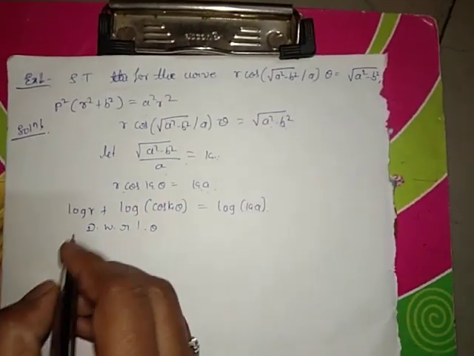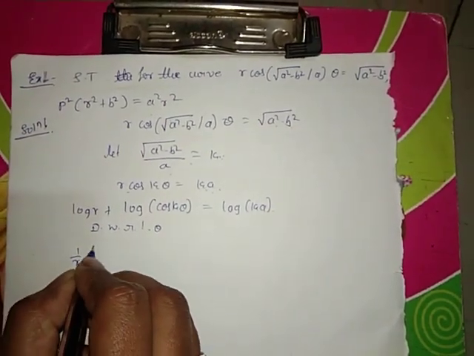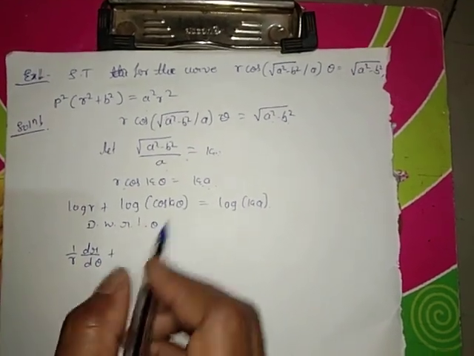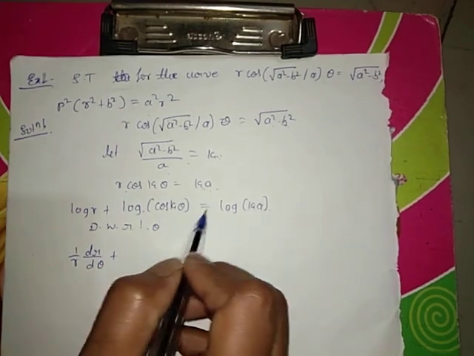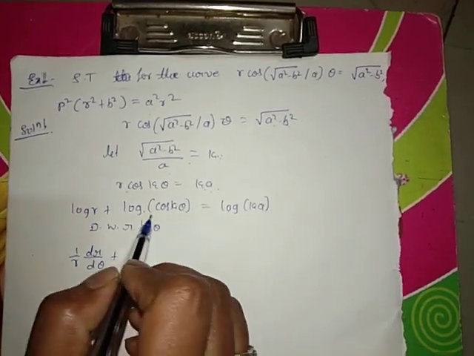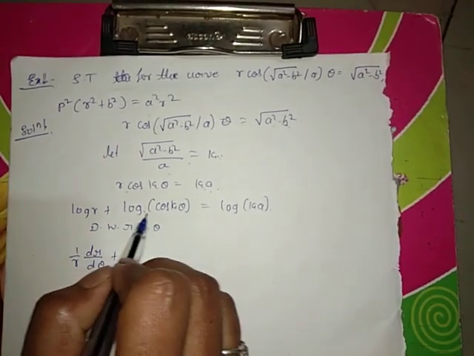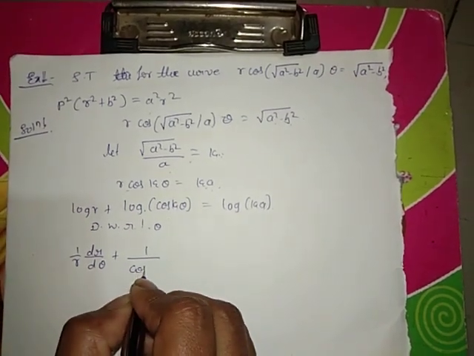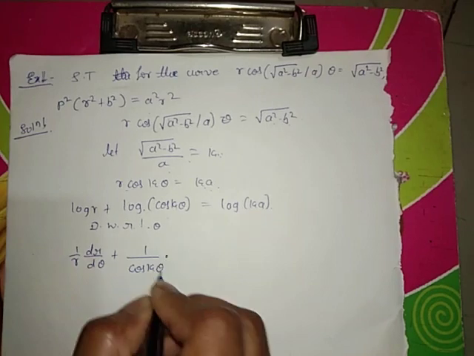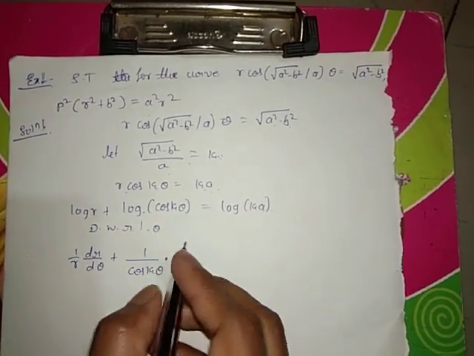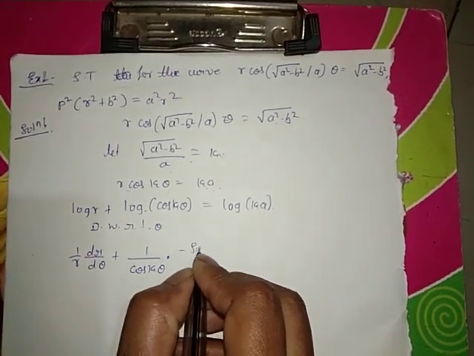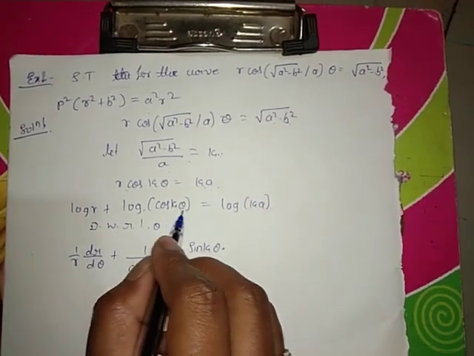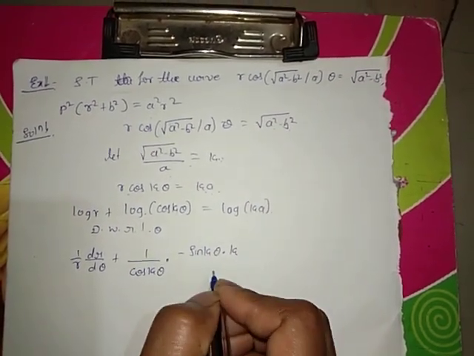Then the derivative of log r is 1 divided by r dr by d theta. The derivative of log of cos k theta is 1 by cos k theta into the derivative of cos k theta, which is minus sin k theta into the derivative of k theta, which is k.